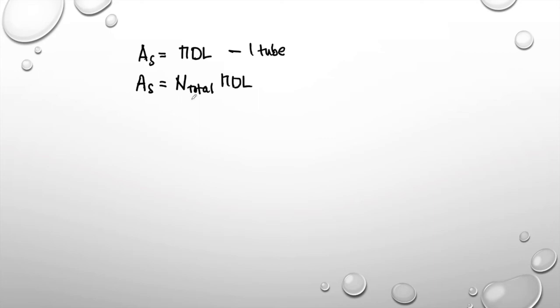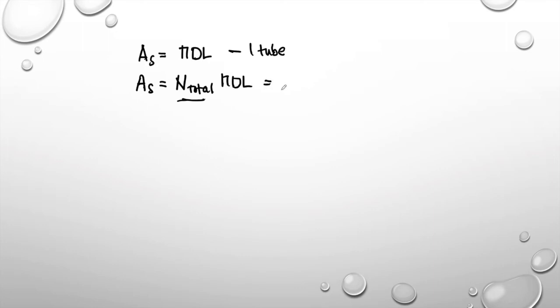Since this is a tube bank, AS is a little bit different. Before, for 1 tube, the calculation is pi D L. If we have n number of tubes, the total surface area will be n total times pi D L, where n total represents the number of tubes in the tube bank.